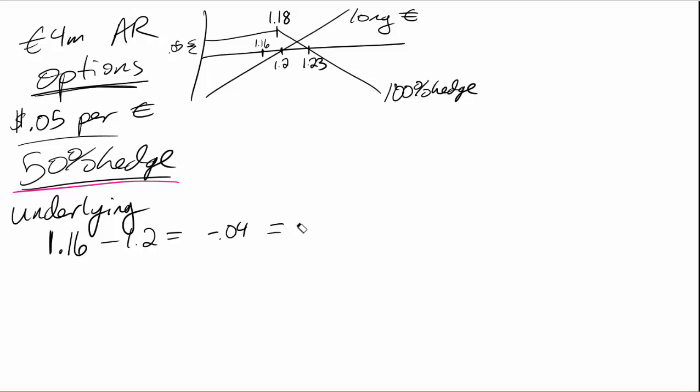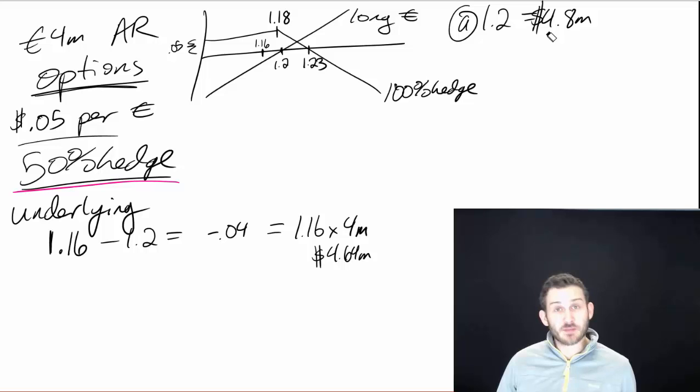The amount we would have received is 116 multiplied by the 4 million, which means we're at $4.64 million. If it expired at 120, 4 million times 1.2, the underlying would have been $4.8 million. Instead, we're going to get $4.64 million.